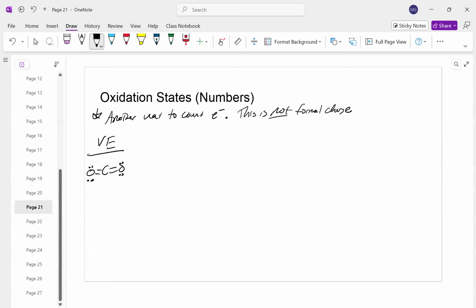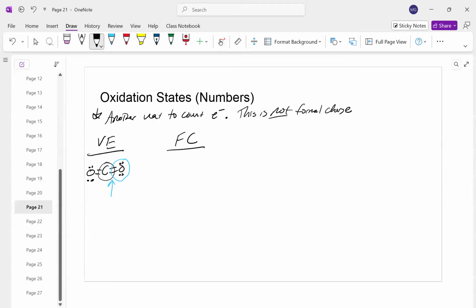So if we look at how many electrons are around this carbon, we got 8 of them. Now, if I were to ask you to do the same for the oxygen, what would you say? Well, we would say there's 8 electrons around the oxygen as well. We're double counting these electrons in the middle. We're counting them for carbon as valence electrons, and we're counting them for oxygen as valence electrons.